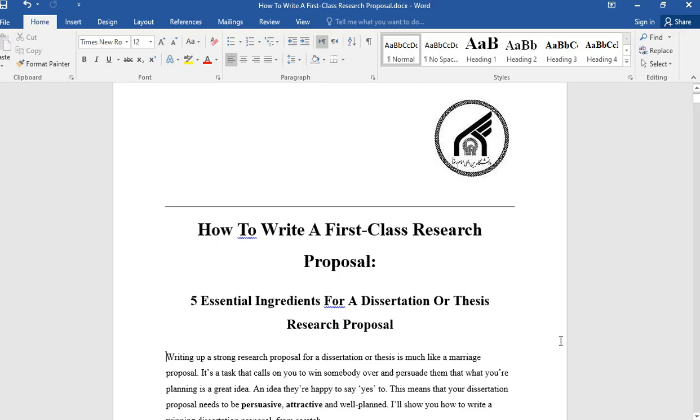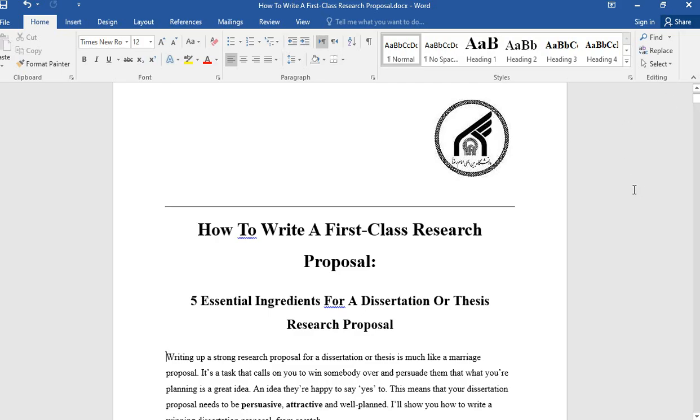And apart from that, we should know the different types of ingredients for how to write appropriately in English. Apart from that, we have to be familiar with the rules and regulations of proposal writing. I told you that for writing a research proposal, we have to include three sections.